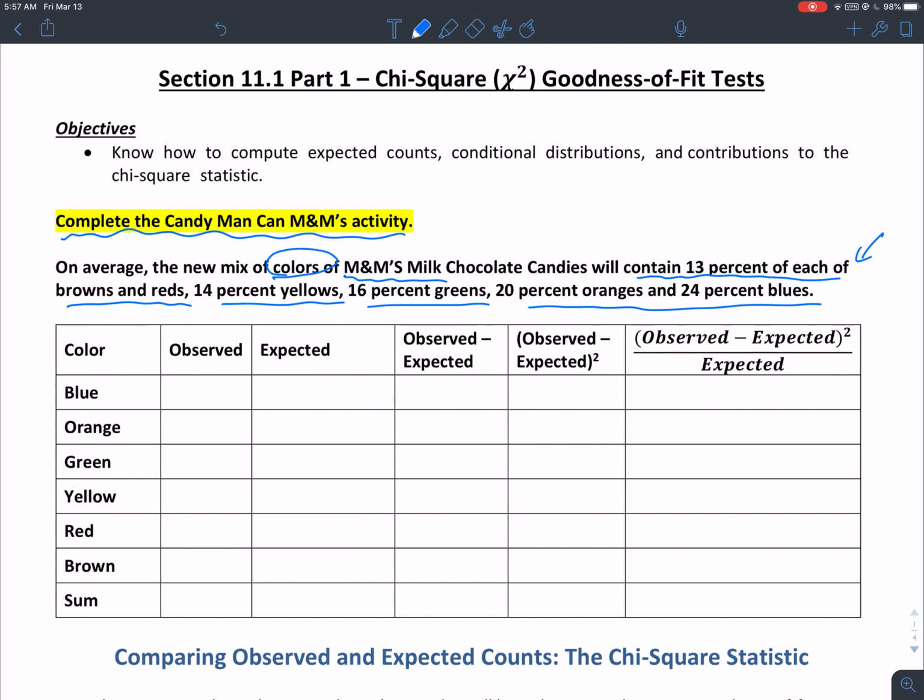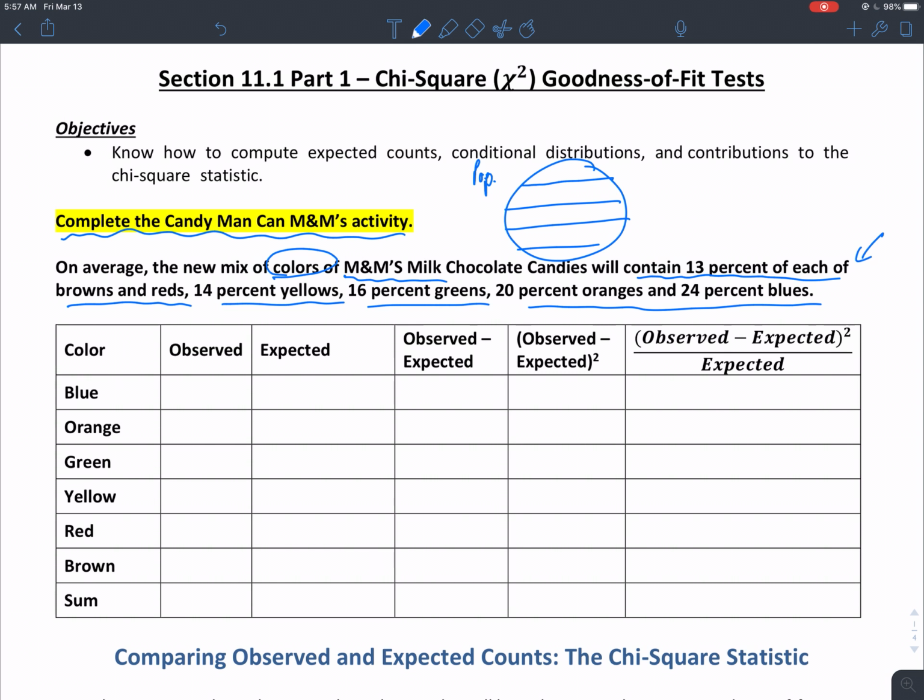A chi-square goodness of fit test does this. It takes the population, and the claim about the population is that there's a distribution of a particular categorical variable called color, in this case for M&Ms, and they're saying they have a specific distribution.